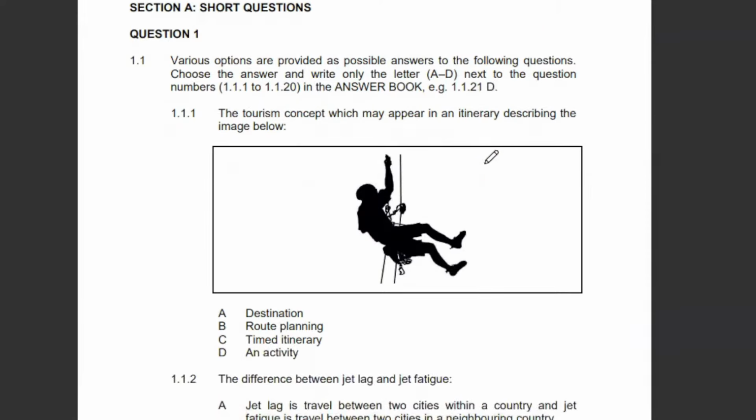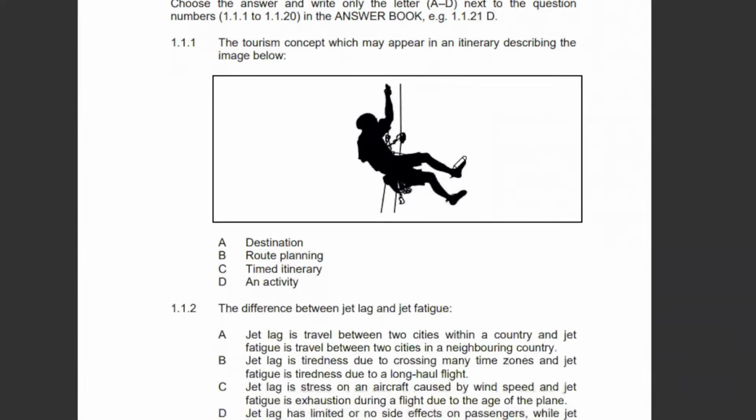Let's go to the first question, 1.1.1. The tourism concept which appears in an itinerary describing the image below. In other words, they are asking for your own interpretation of the image below. What concept is represented in the image below?